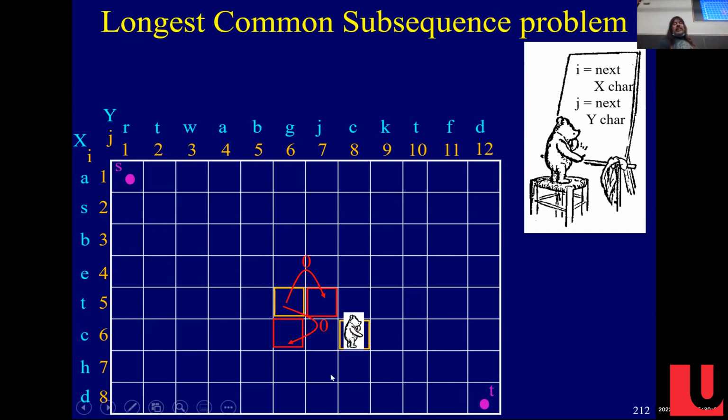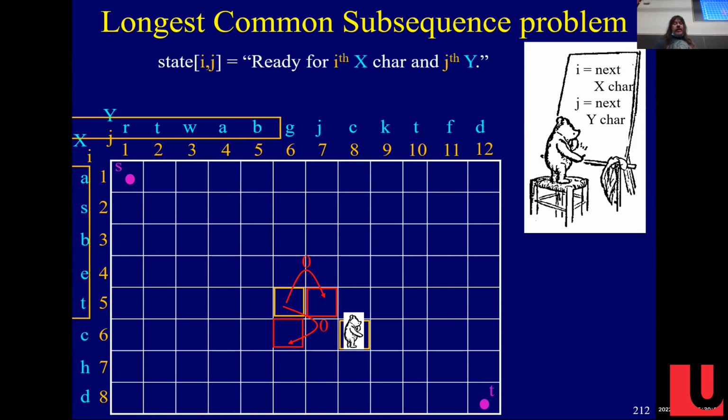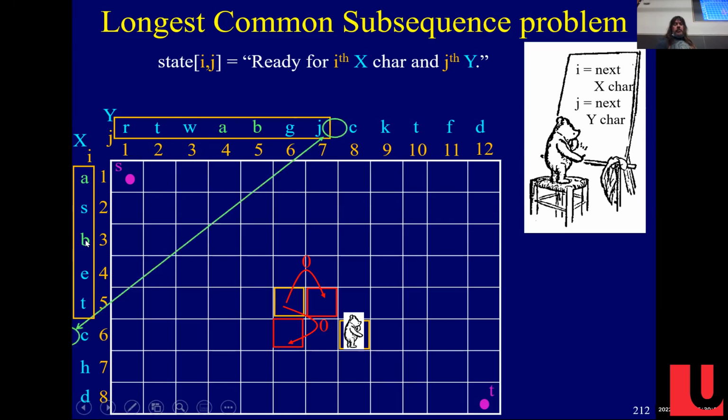Right, so now we're sitting here. And why is this extremely fun? Because here's our solution so far, happens to be AB and AB matched. We're now looking at two letters that are the same. So what do we do?